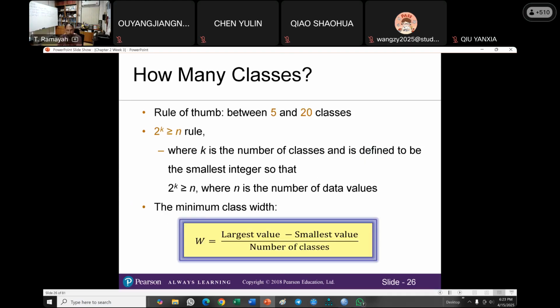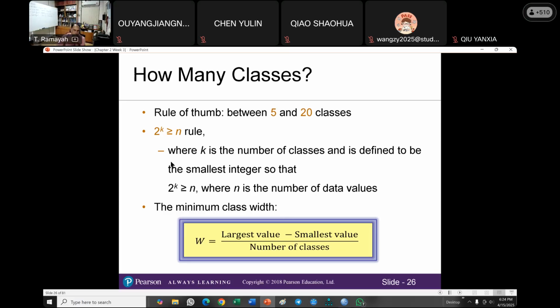So how many classes do you want to develop for your data? This is the rule: it can be any number from 5 classes to 20 classes.